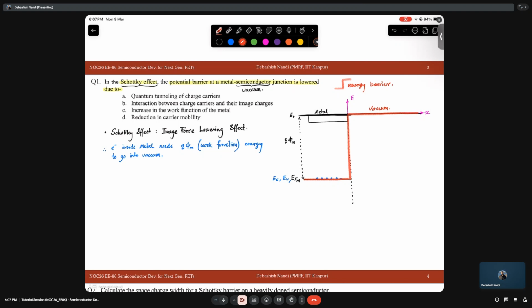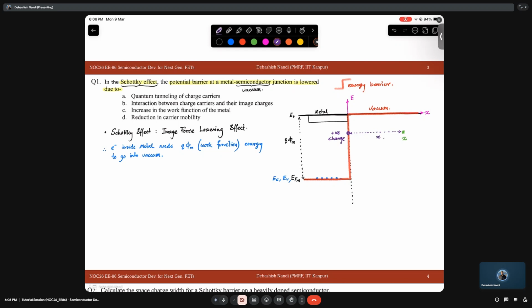Now let's say we have an electron at this location. Let's assume this distance is x. By the laws of electrostatics, we know that this electron in the vacuum will induce a positive charge on the metal surface, and this distance is x.